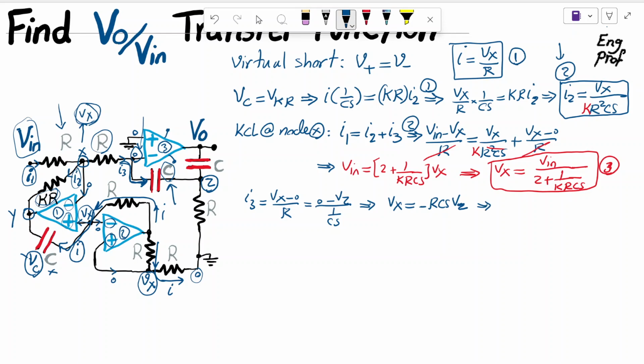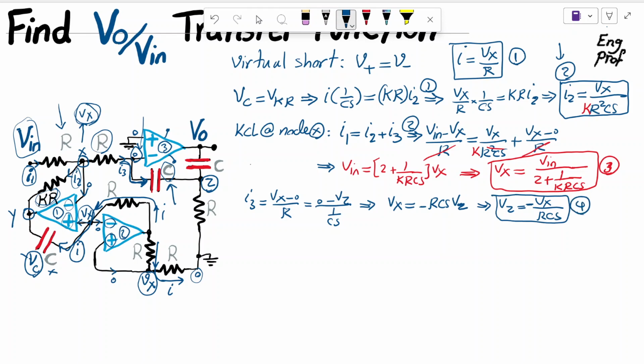Or, say it in another way, Vz is Vx divided by negative RCS, or negative Vx over RCS, doesn't matter. So that is the equation number 4 I want to keep, and I can combine it with equation 3 later.